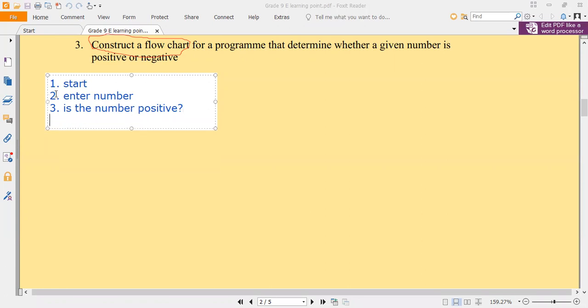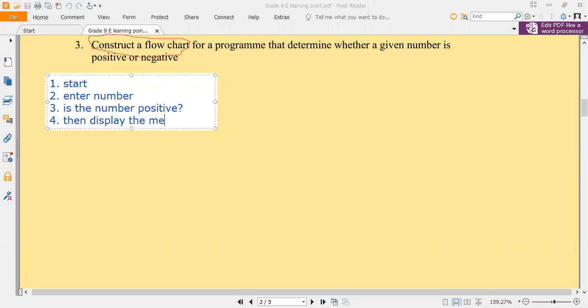If it is positive, then we need to display the message.